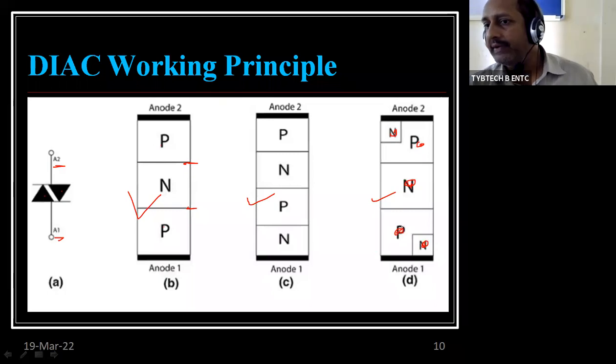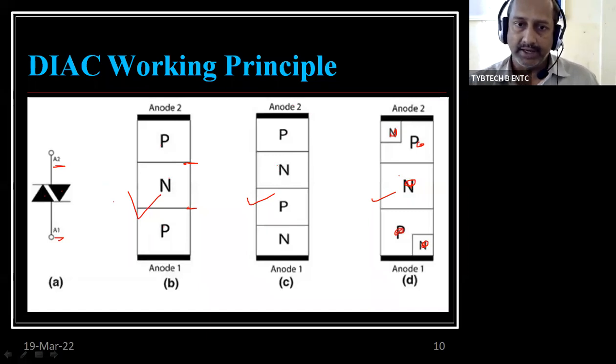Even though it is a 5-layer, whenever you connect MT1 with respect to MT2 positive, only 4 layers get involved in the flow. The working mode we will see in the next slide. So this is a very important slide: the 3-layer, 4-layer, and 5-layer structure for the construction of DIAC.